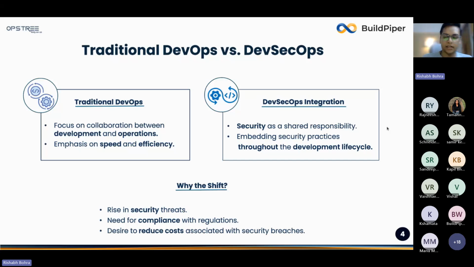In those cases, it takes a lot of cost in terms of time and manpower to patch that particular vulnerability and ensure the system is compliant and vulnerability free. So in order to reduce those kinds of costs, it is good to have security integrations right at the earlier stages of development, right from the dev environment itself, so that you don't get any surprises in the end.